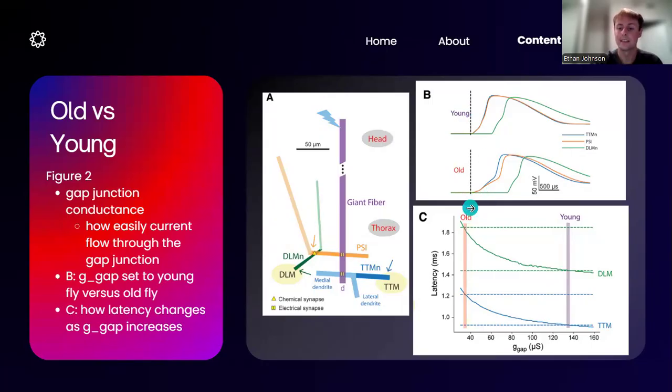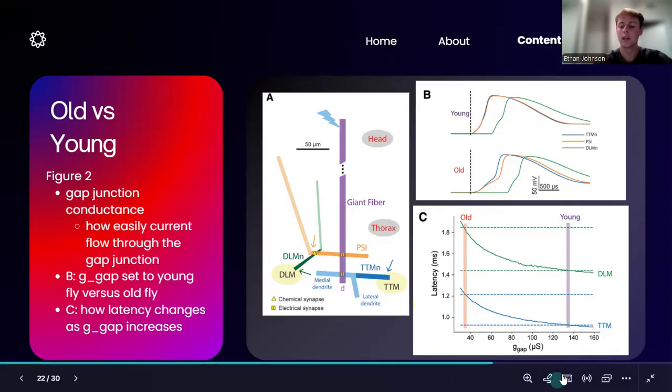So we see that this latency is longer, so their reaction time is slower than the young ones, which makes sense, right? These are gonna escape faster than the old ones. So this figure is just to say, hey, the model is working how we think it's gonna work.